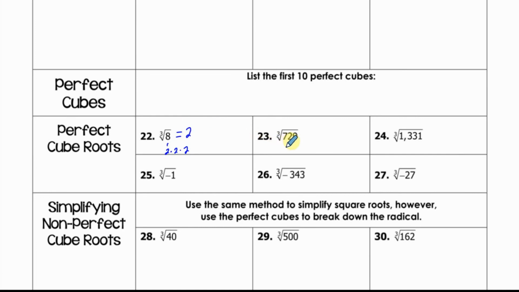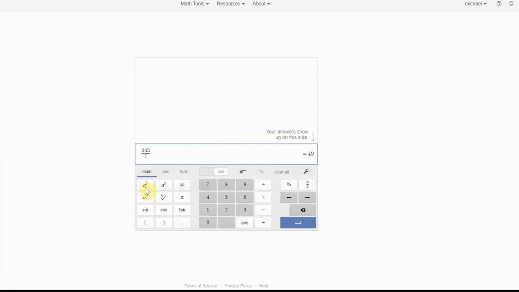Cube root of 729. That is going to be, let's see, I think that's going to be 9 times 9 times 9. I'm going to double check that.